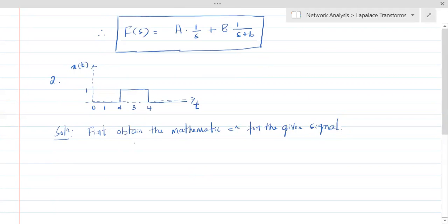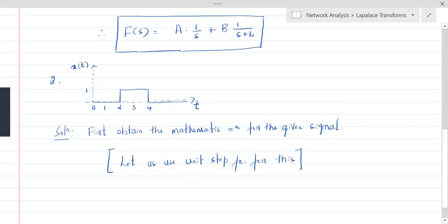Fine, so understand this, everybody. Let us use the unit step function for this. So this is the note for you.